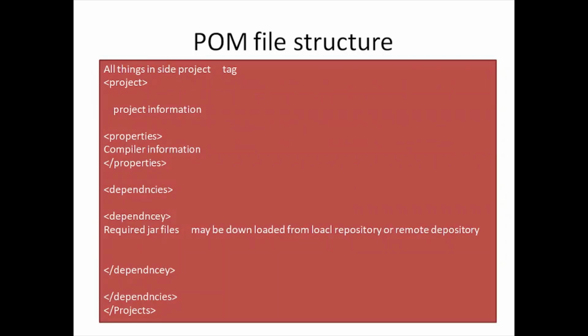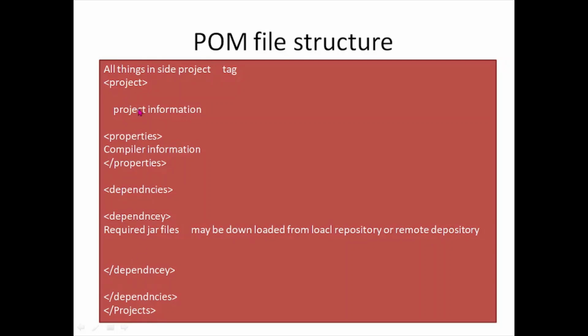Let's go ahead. This is a quite important file, and you must know something about it. This is the POM file structure. All the required project related information is kept inside the project tag, starting at this project and ending with this project, as you may see at the end.